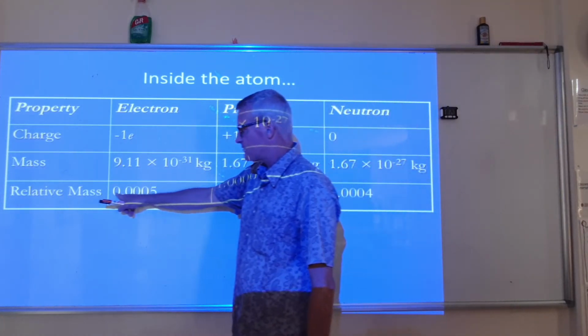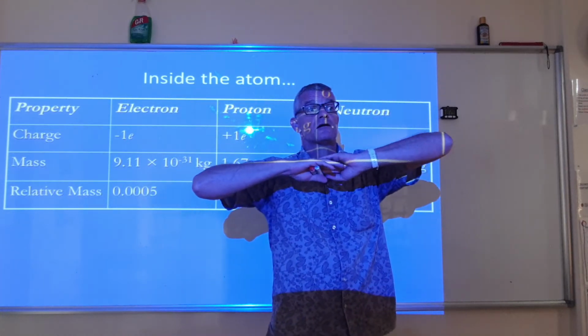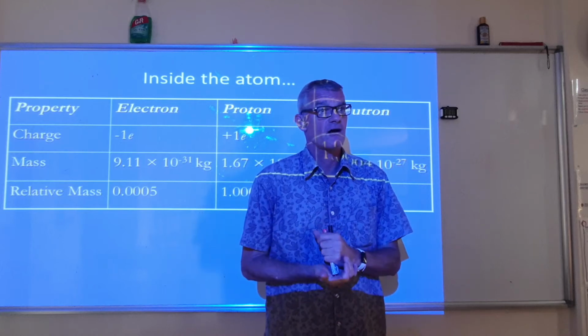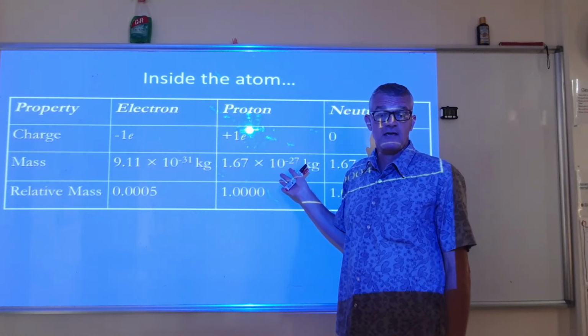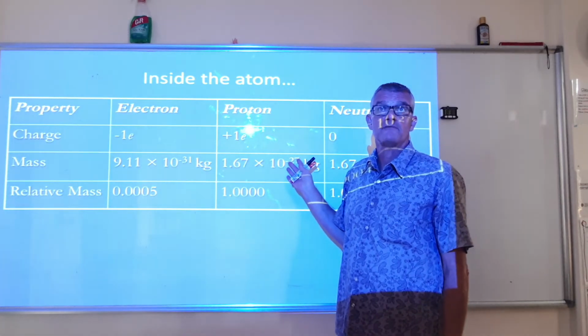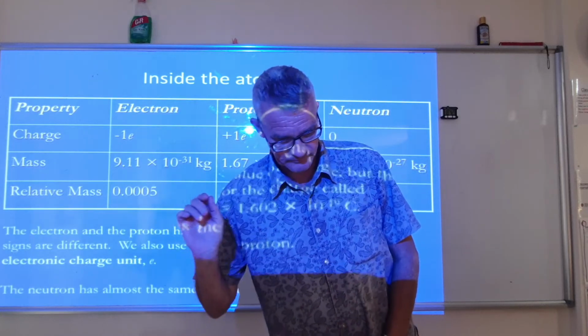So we see that the relative mass of the electron is very small, and when we are calculating the atomic mass, we mainly calculate the mass of the neutrons and protons together. Okay?